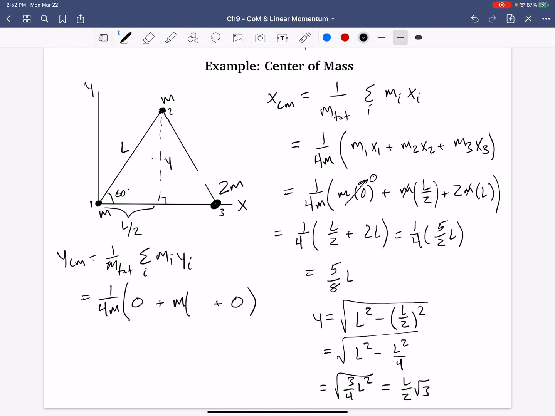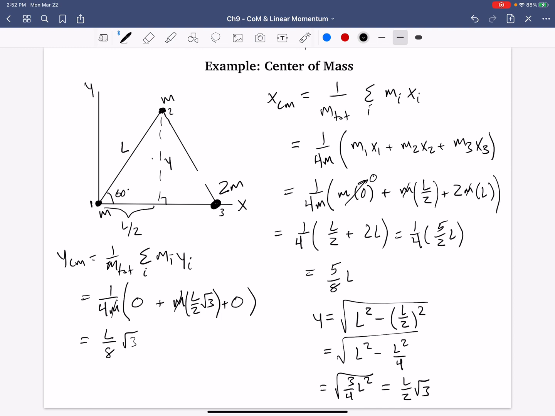Let me check my notes real quick before I move on. Did I do that right? Yes. Okay, so L over 2 times root 3 is something. The masses cancel again, and we basically have L over 8 times root 3.